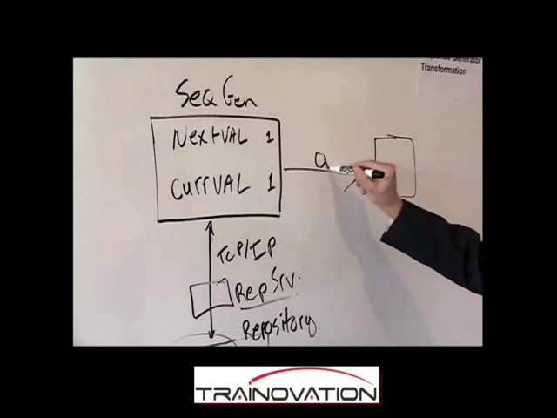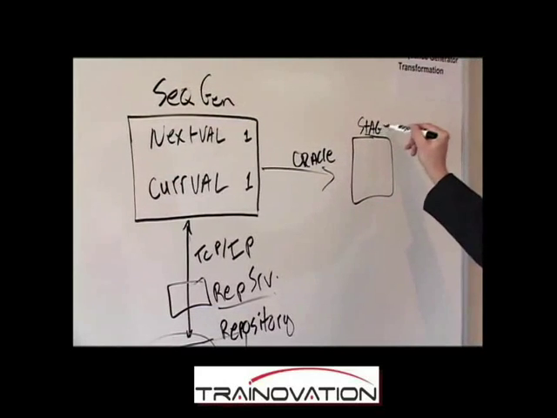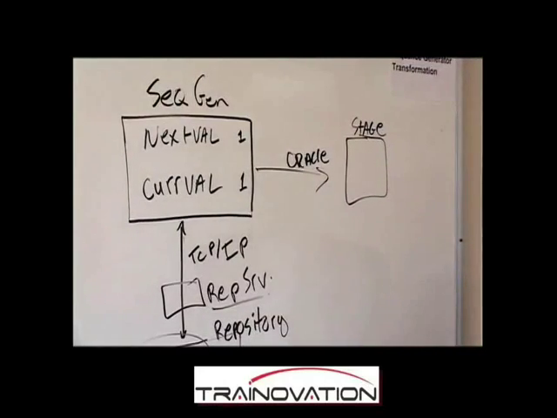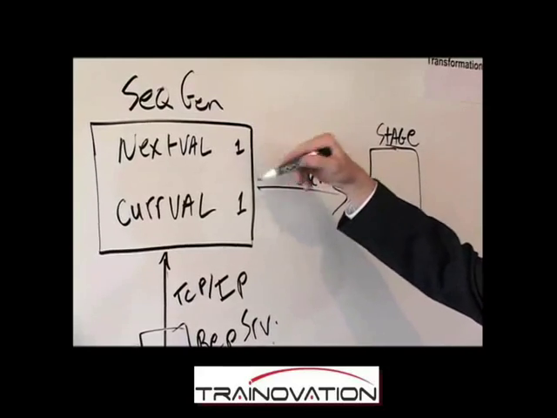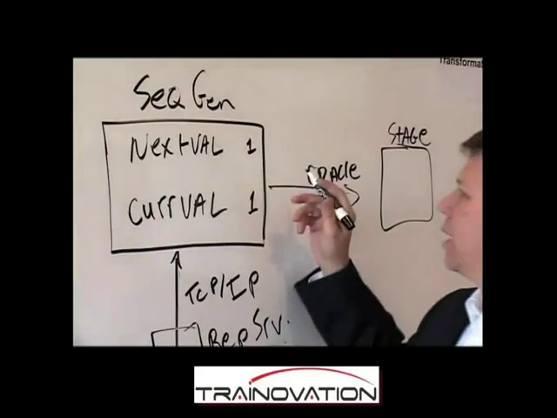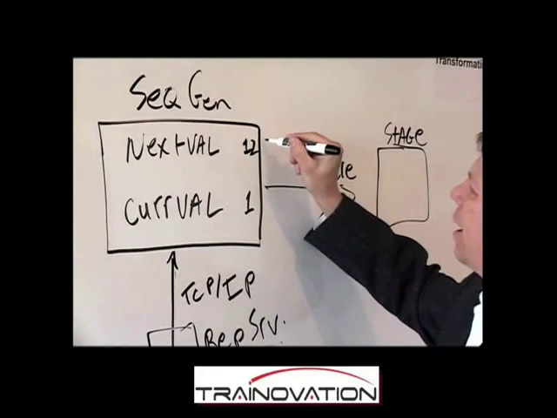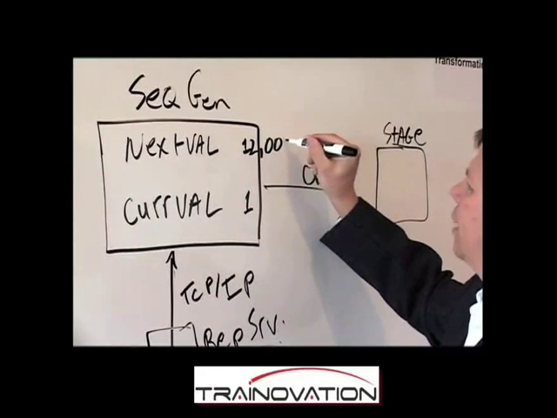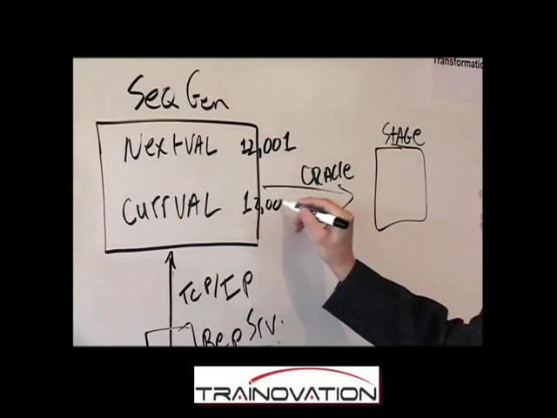So let's say you're going to Oracle, and this is a staging table. As you insert rows, Informatica throughout the life of the mapping will increment the next val. If you have 12,000 rows go through this mapping, then at the end of this mapping, the next val that's stored in the repository is 12,001. And the curr val is 12,001.